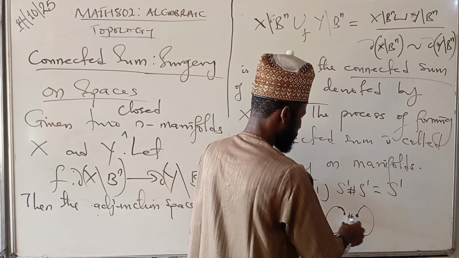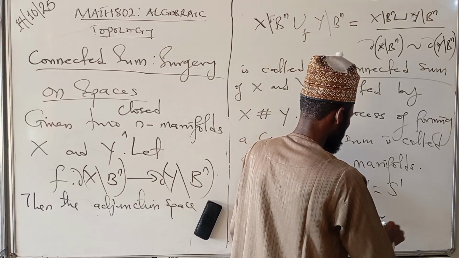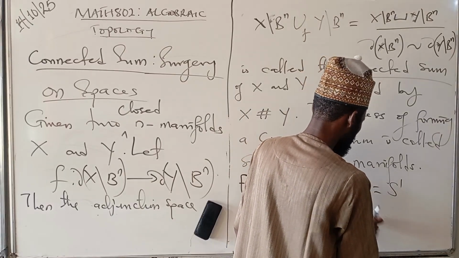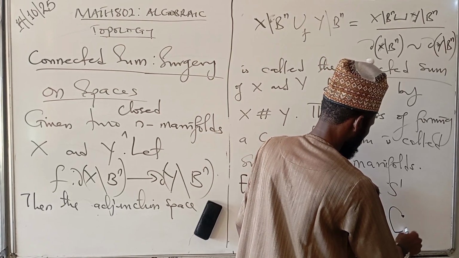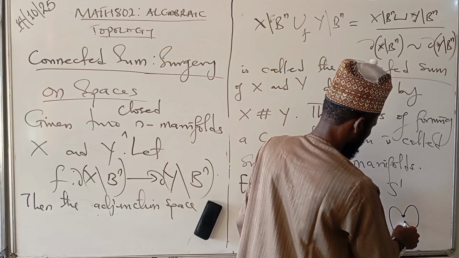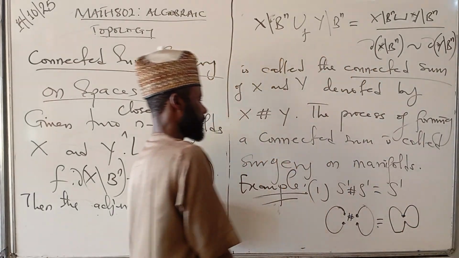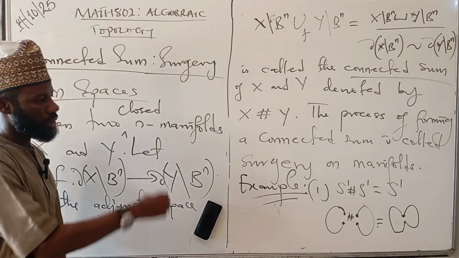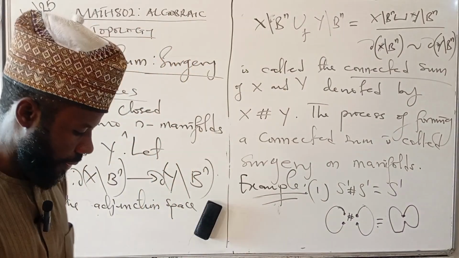So if you do the connected sum, what you get is this circle joined with another circle, but this is still a circle. So the connected sum of a circle and itself is a circle.